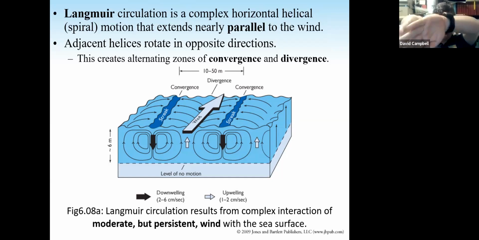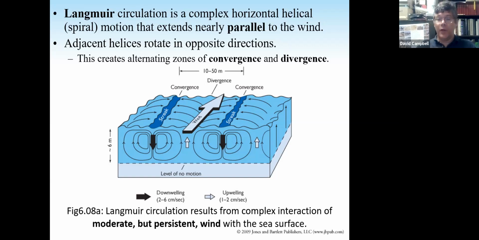And we get a pattern where these spirals that are next to each other are rotating in opposite directions, either like this, or else like that, that type of thing going on. This is set up if we have a wind that's not too strong, but it keeps blowing for a while, enough to get a pattern of response in the water going.